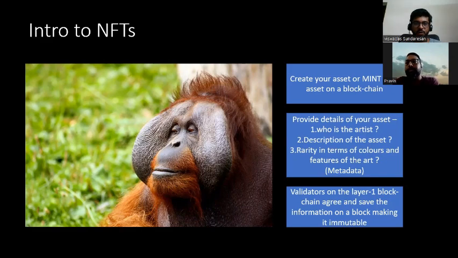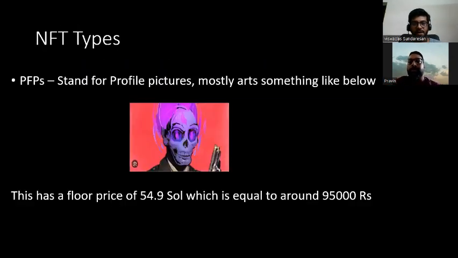Okay, so moving ahead, what are the different types of NFT? There are two types of NFT broadly. One is PFP, which is called Profile Picture NFT, and the second one is Utility NFT. In the layer one blockchain space, you have PFP NFTs.